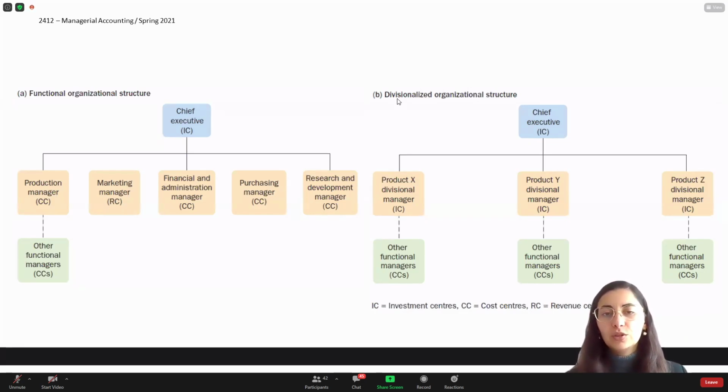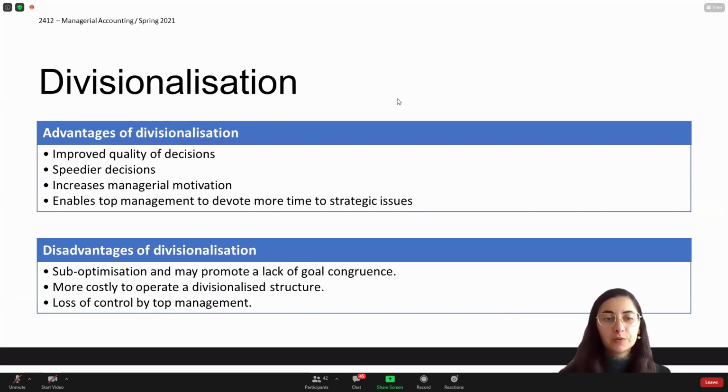While in the divisionalized organizational structure, we also have the CEO, but then we have divisions, for instance, for each store or each product or each region. And then we have a manager that is responsible for this division. And this can be either an investment center or a profit center. Okay, so it has a higher level of responsibility for these managers.